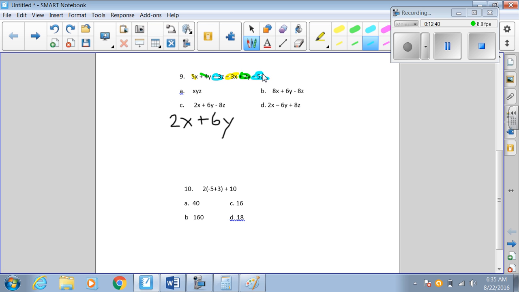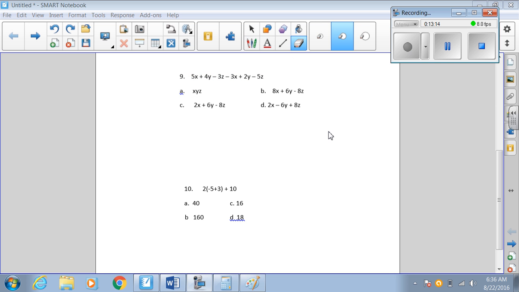Well, we know when we add negative numbers, we're going backwards on the number line, so that's going to be negative 8z, because if I owe you $3 and then I owe you another $5, well, I owe you $8. So if z was dollars, then that'd be negative 8z. So let's put that on there, negative 8z. And as we already knew, that only leaves us letter C as the answer, and we're done with that problem.